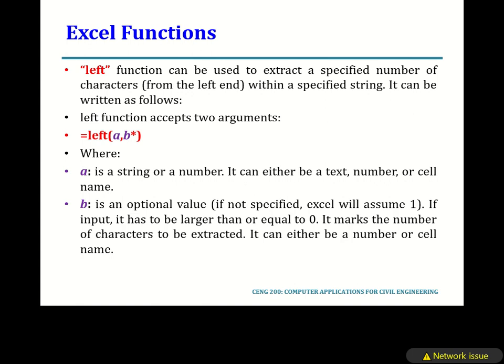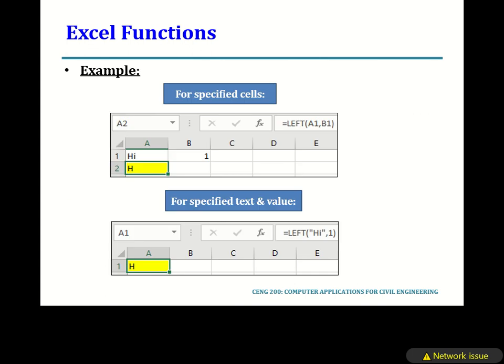It will take the first character from the left hand side. Okay. And again, A and B can be numbers you put yourself, characters, text, cell, and so on. But keep one thing in mind. What did I say? If you are putting a text yourself, it has to be in the commas. Okay.